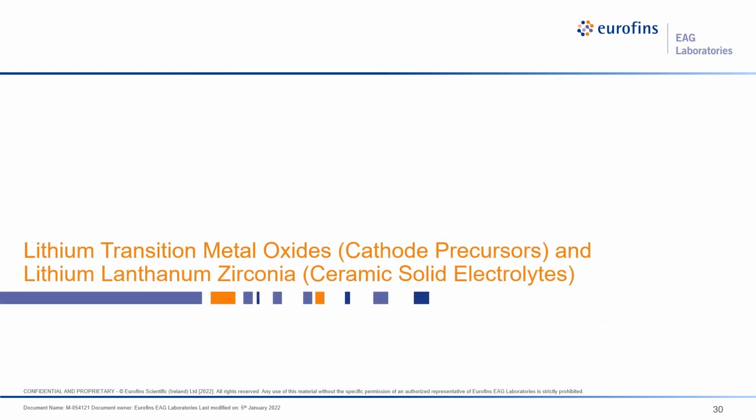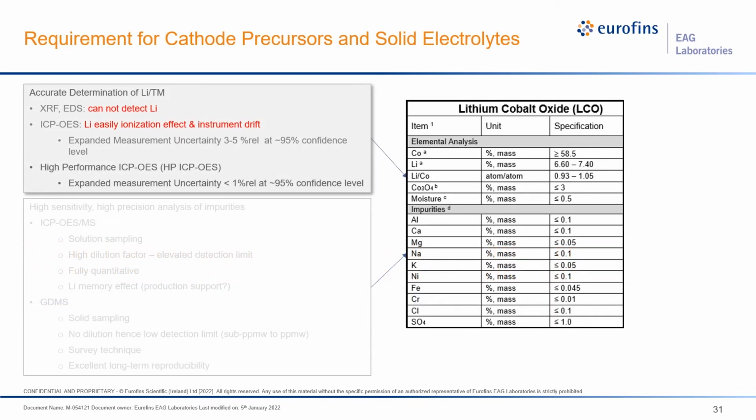So second, we wanted to discuss the cathode material precursors. Specifically, we want to talk about lithium transition metal oxides and lithium lanthanum zirconium oxide as an example for ceramic solid electrolytes. So what is the spec requirement? For example, let's say we're talking about lithium cobalt oxide, which was the initial development for lithium ion batteries.